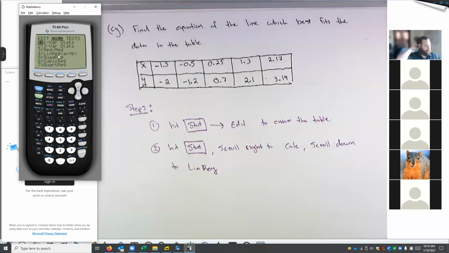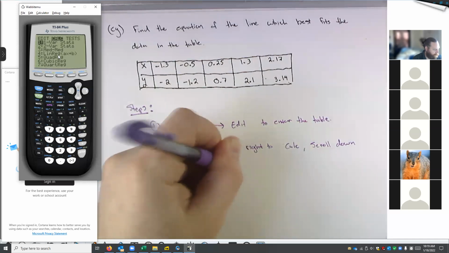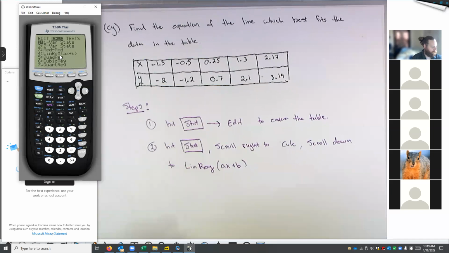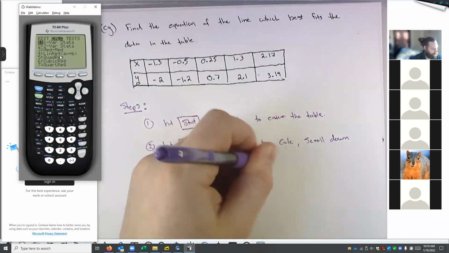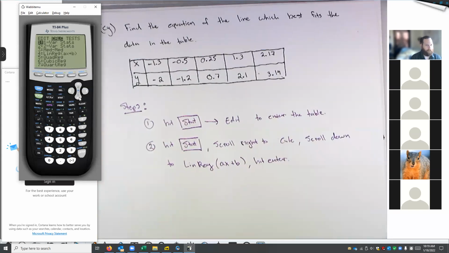May say AX plus B, may not. I think the 84 always says AX plus B. I don't remember what the 83 does. And then hit enter. So over to calc, down to LinReg, enter.